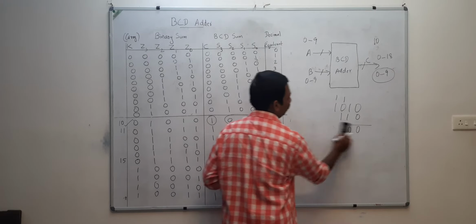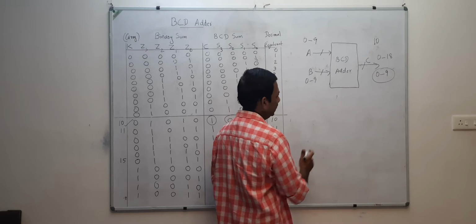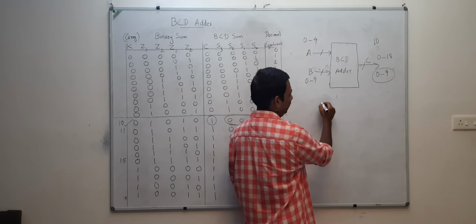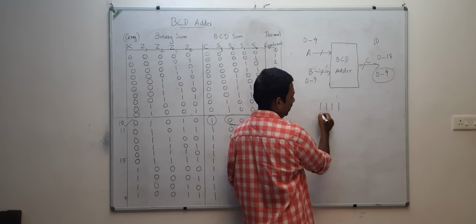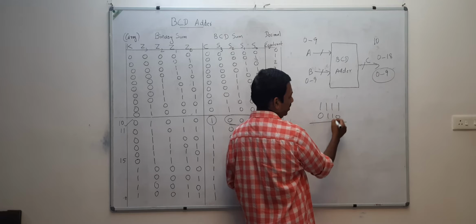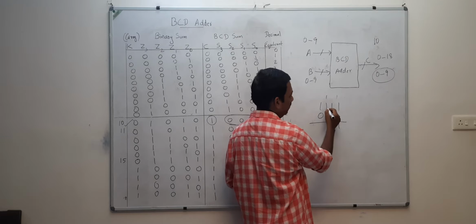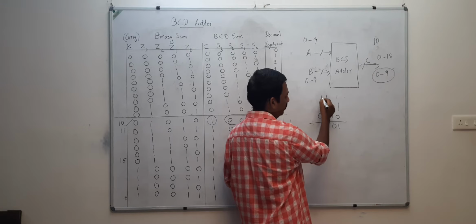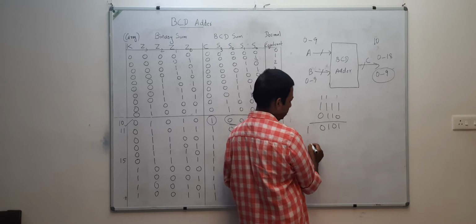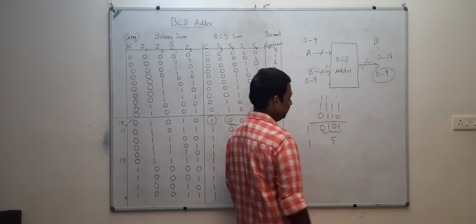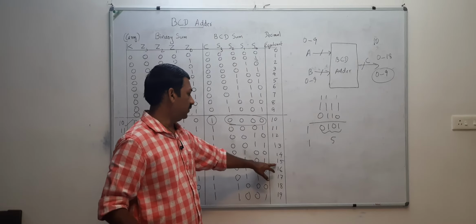We have to see. 15 is 1 1 1 1, and if you are adding 0 1 1 0, what will happen? 1 plus 0 is 1, 1 plus 1 is 0 with carry 1, 1 plus 1 plus 1 is 1 with carry 1, 1 plus 1 is 0, and the carry is 1. Then this is 1, and this is 5. That means 15.